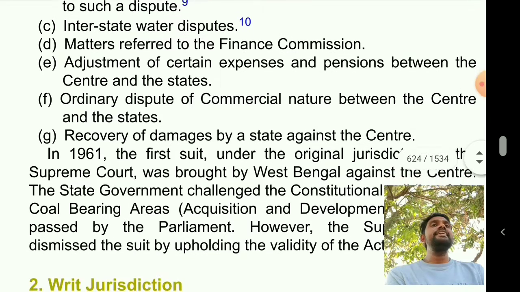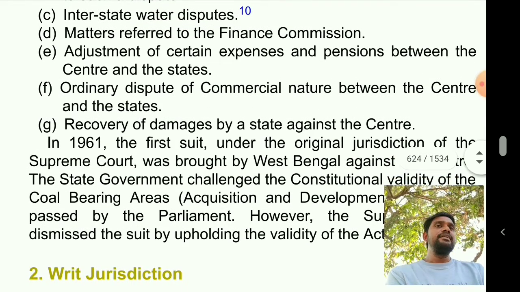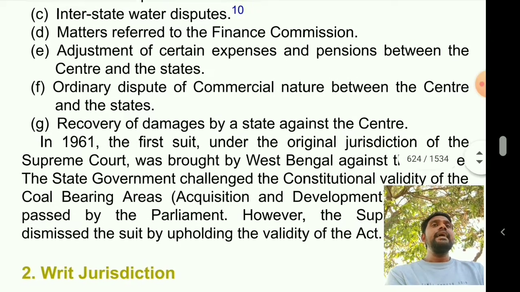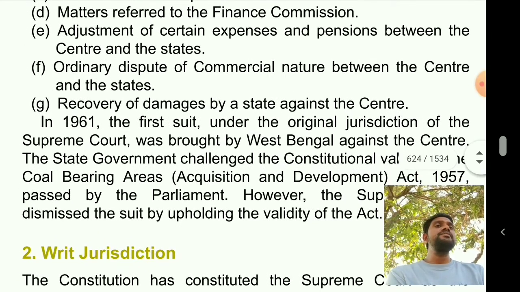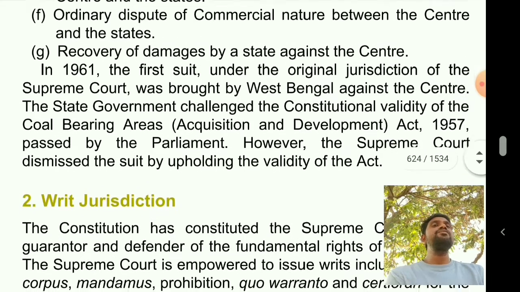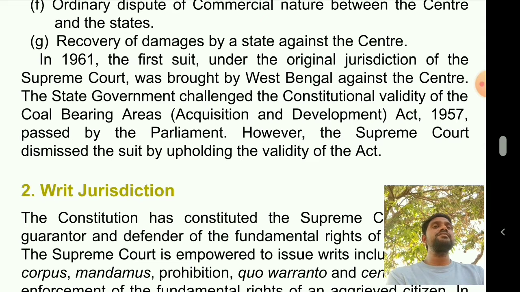C. Interstate water disputes. D. Matters referred to the Finance Commission. E. Adjustment of certain expenses and pensions between the center and the states. F. Ordinary disputes of a commercial nature between the center and the state. G. Recovery of damages by the state against the center.